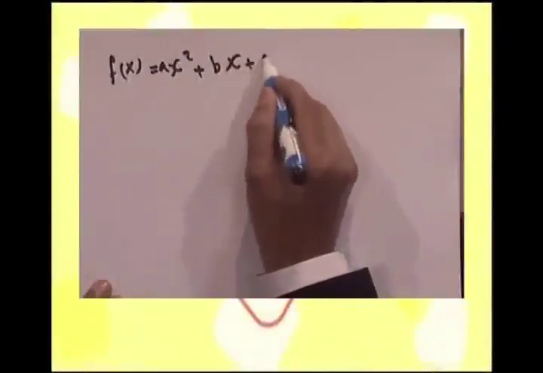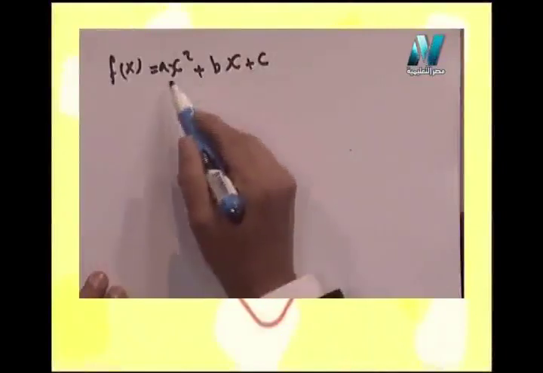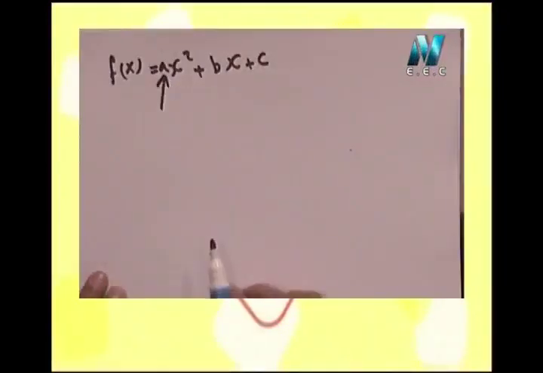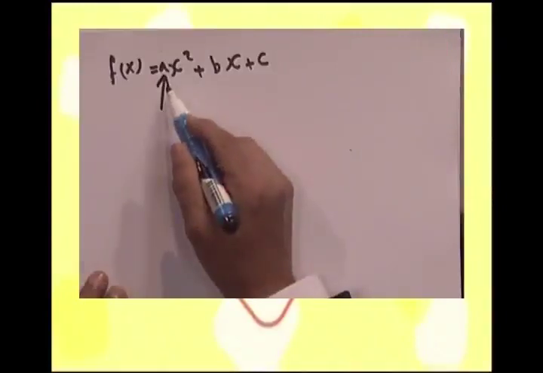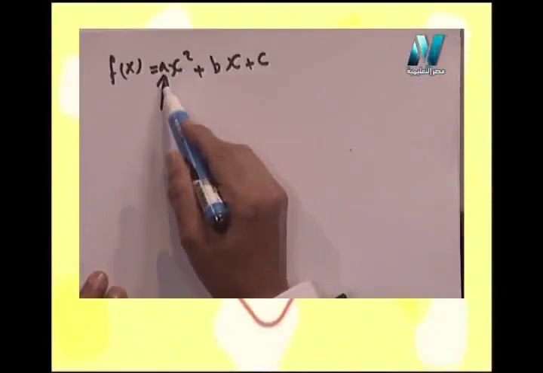If we have f of x equals ax power 2 plus bx plus c, it is a quadratic function. a is the coefficient of x power 2, and concentrate on a very much, because it is the sign of x power 2. If it is negative, it's different from positive.